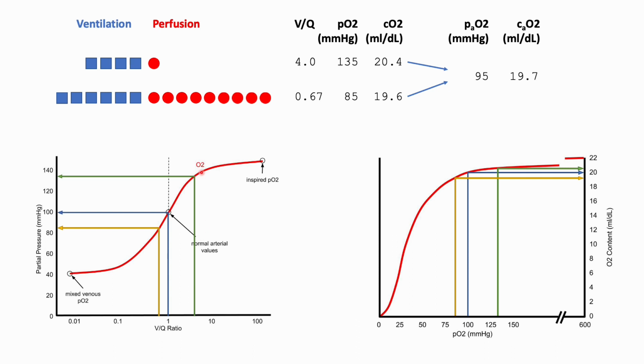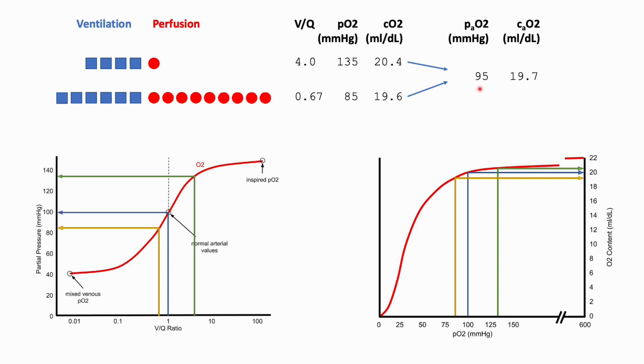The high VQ unit contains a PO2 of 135, which corresponds to an oxygen content of 20.4 mL per deciliter, while the low VQ unit has a PO2 of 85, which corresponds to an oxygen content of 19.6 mL per deciliter. So when the blood from these two lung units mixes together in the pulmonary vein, we get a weighted average oxygen content of 19.7, corresponding to an arterial PO2 of 95.